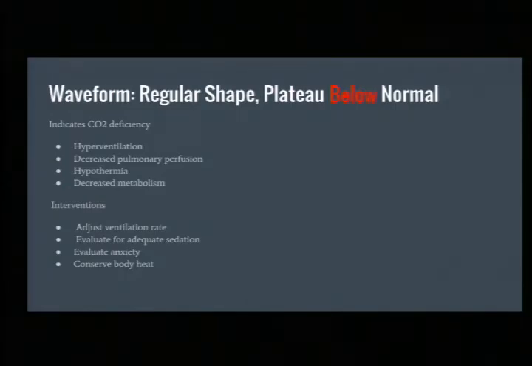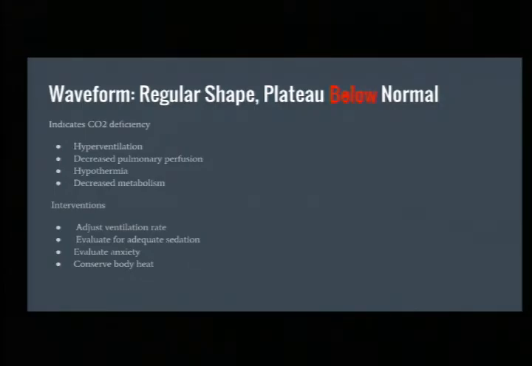So if you have a regular shaped waveform, but your plateau, that top line, that C to D on that previous pictogram, is below normal, that indicates a CO2 deficiency, low CO2. So they're hyperventilating, or they have decreased pulmonary perfusion, so they can have a PE, something's not going to the pulmonary arteries.